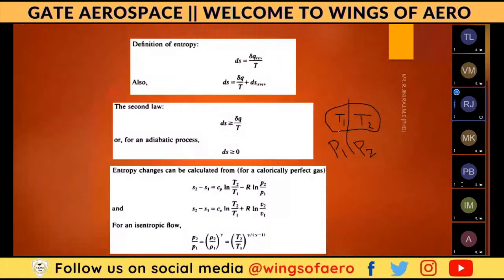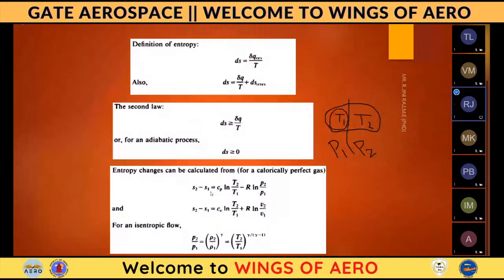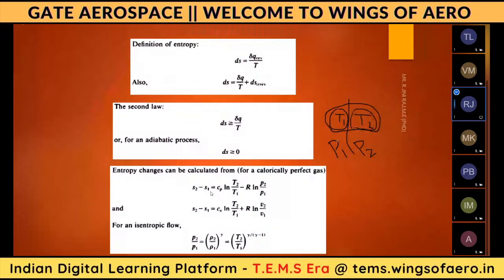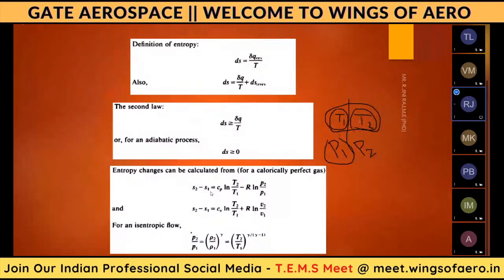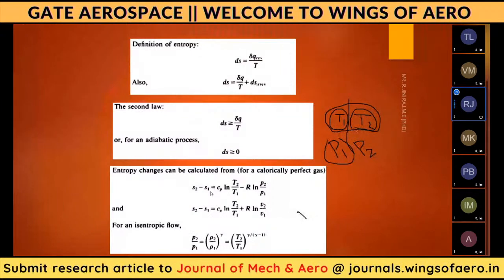So suppose we know the value of T1 but we don't know the value of T2, and also suppose we know the values of P1 and P2. In order to find T2 we can take this relation: P2 by P1 equal to T2 by T1 whole power gamma by gamma minus 1. We found this equation from isentropic flow.